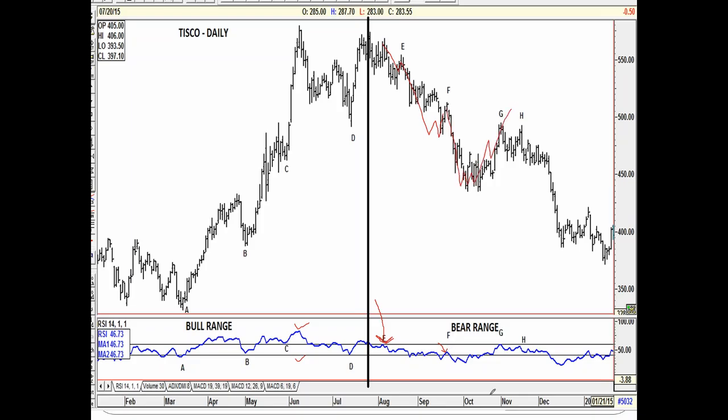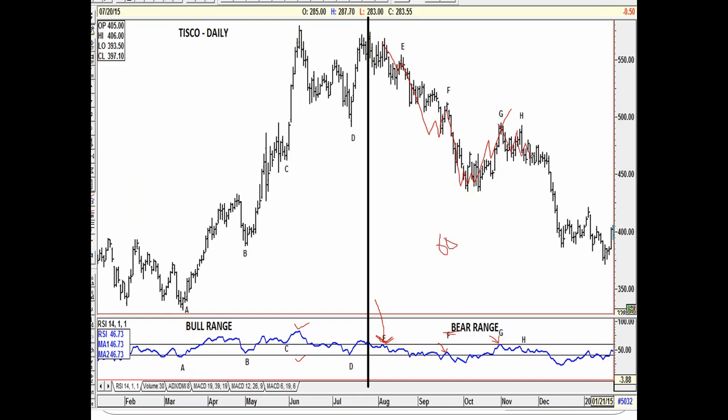Then again there is a rise, but this rise does not lead the RSI to cross 60. Again it gets stuck in the overbought zone of the bear market, because in the bear market the overbought zone is the 60 zone.